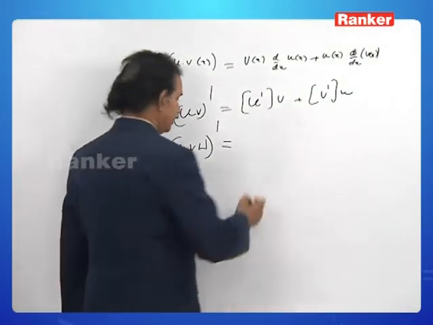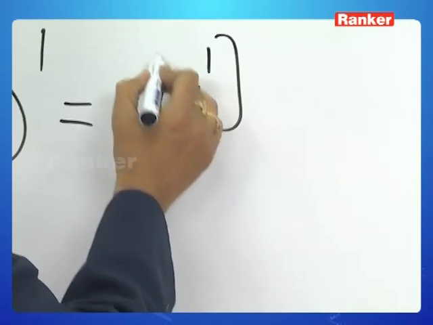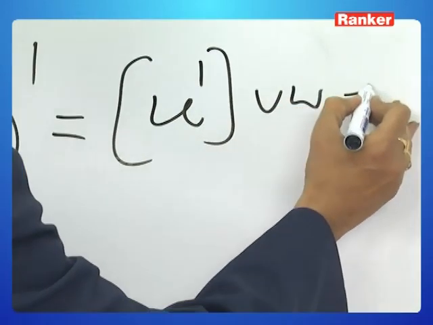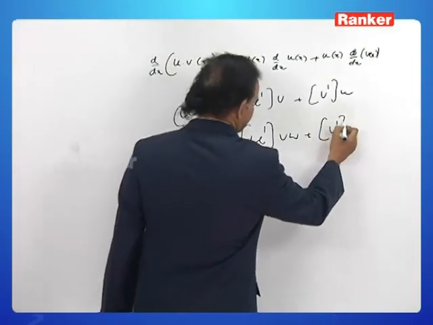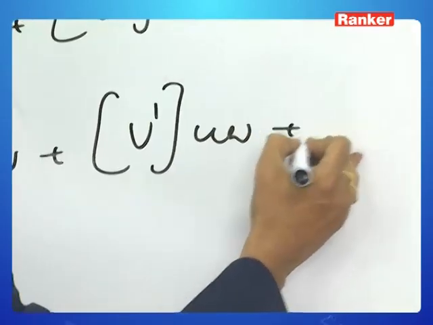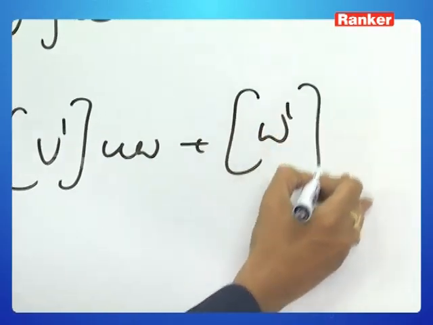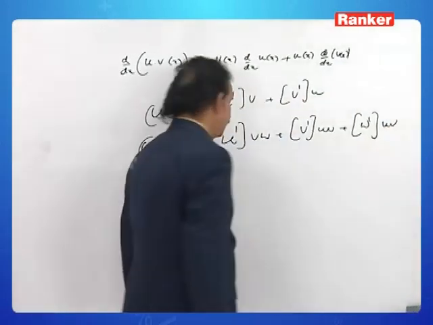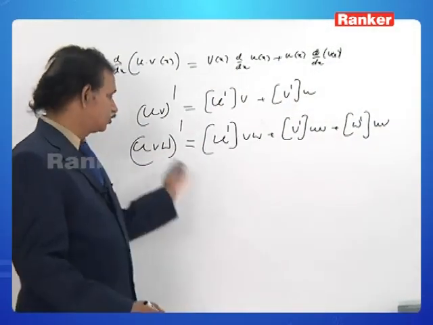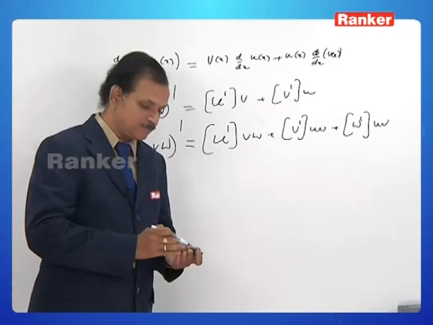What can you say? u dash into vw, v dash uw, w dash uv. Can you extend this to 3, 4 more functions, say u, v, w, t whole dash?